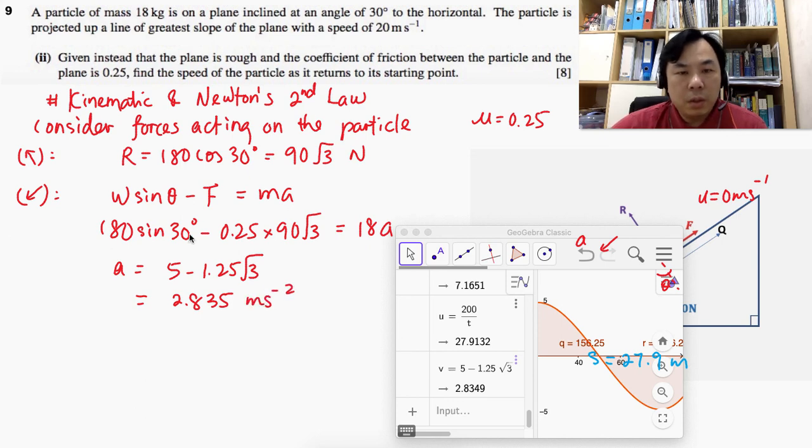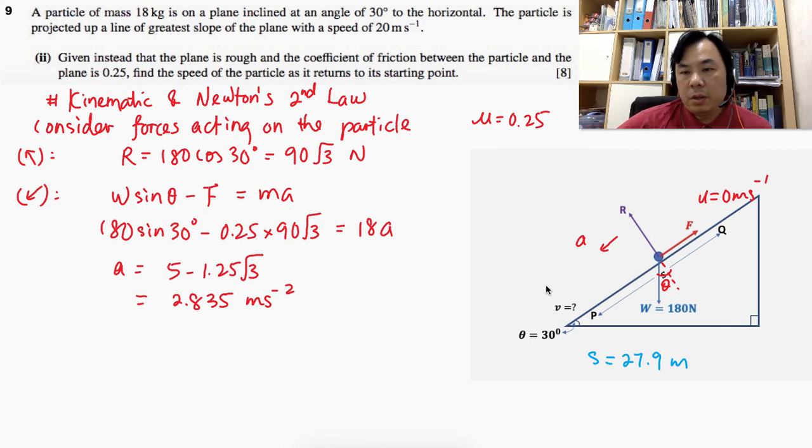Let me quickly check if I got it correct. 5, 1.25, yes, correct. This is 90, divided by 5. Yep, correct. That is the acceleration down the slope. What we are interested in is the speed, given by 0 squared plus 2 times the acceleration times the new distance.